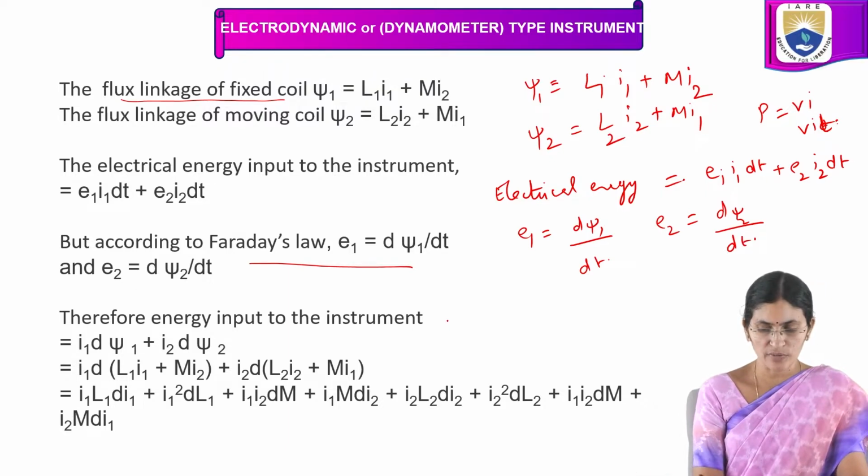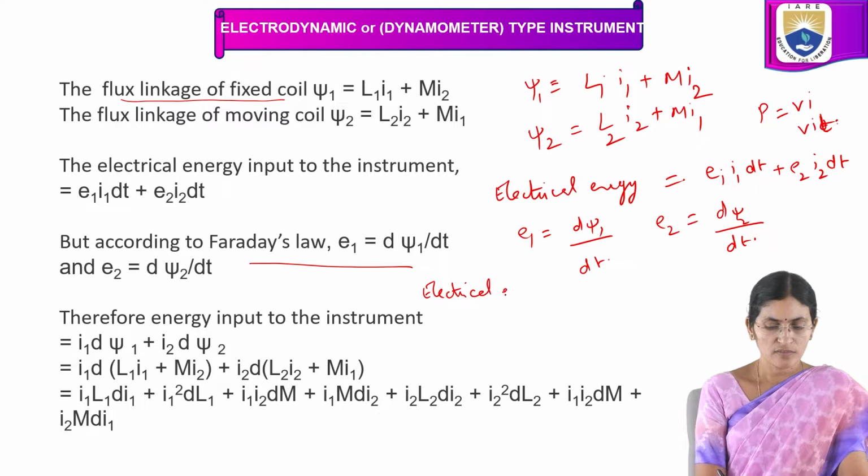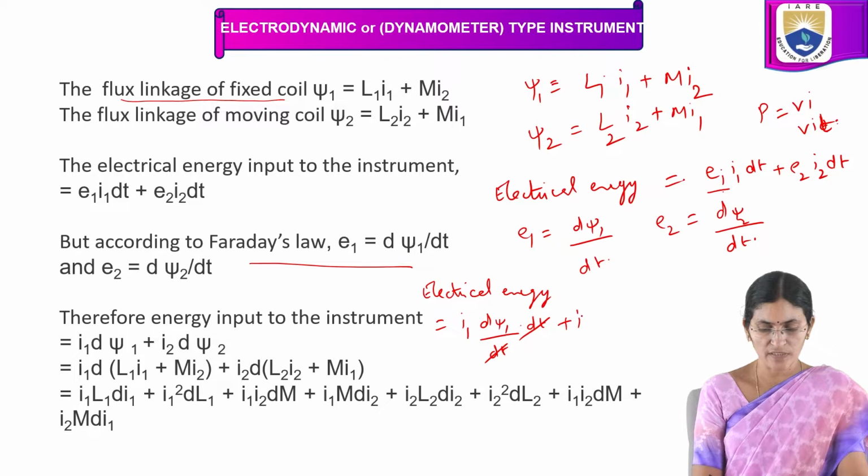So we can substitute the value of psi 1. Therefore we can write the electrical energy input as I1 times d psi 1 by dt into dt, where the dt gets cancelled, plus I2 d psi 2 by dt into dt.